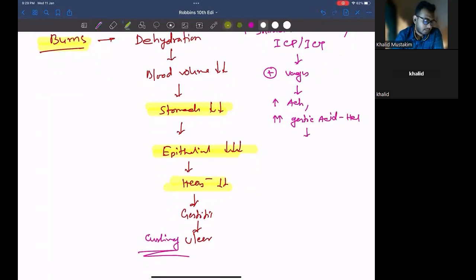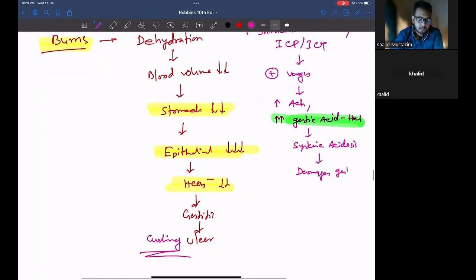And as it is causing increased gastric acid, ultimately what occurs? Systemic acidosis occurs. When systemic acidosis occurs, it also damages the gastric mucosa.